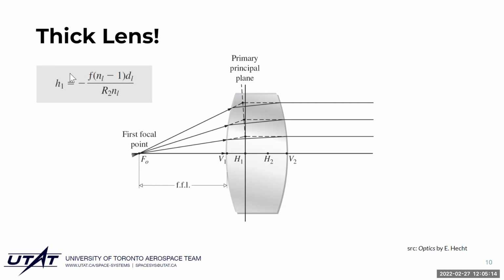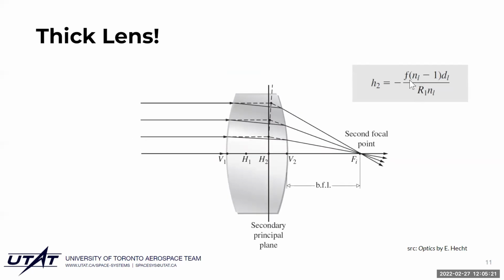And it's not too hard to imagine that to compute the second one, you would just need, instead of R2 here, R1. So what does this actually let us do?